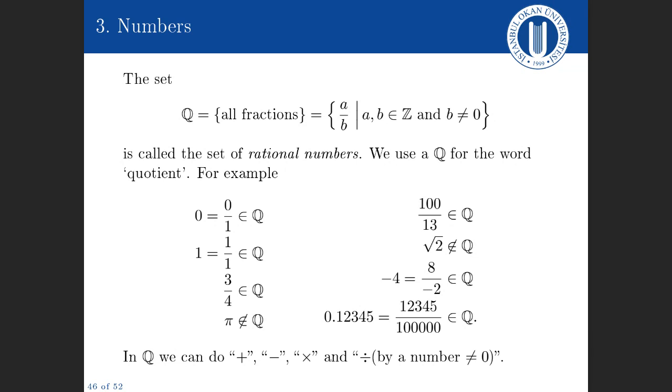For example, 0 is a rational number, 1 is a rational number, 3 divided by 4 is a rational number, but pi is not a rational number. 100 divided by 13 is a rational number, but square root of 2 is not a rational number. -4 is a rational number, and 0.12345 is a rational number. In Q, in the rational numbers, we can do addition, subtraction, multiplication, and division, as long as we're dividing by a number which is not 0.